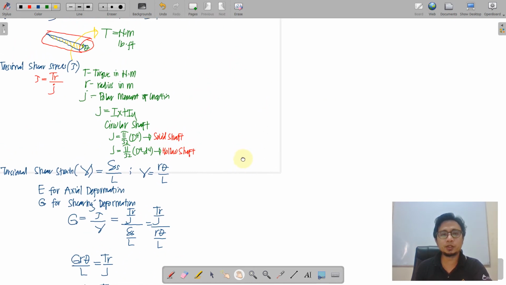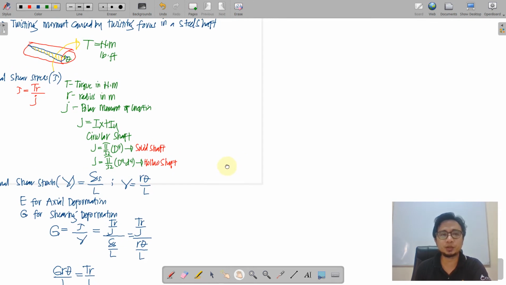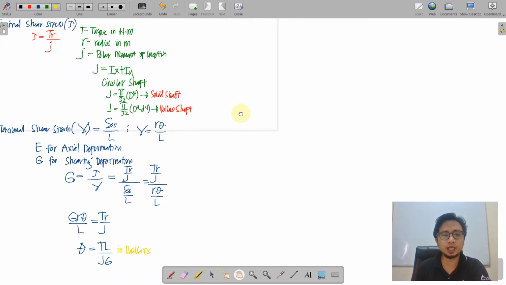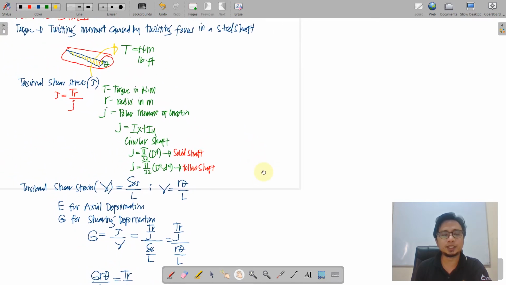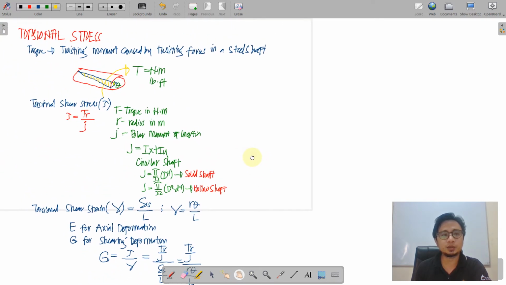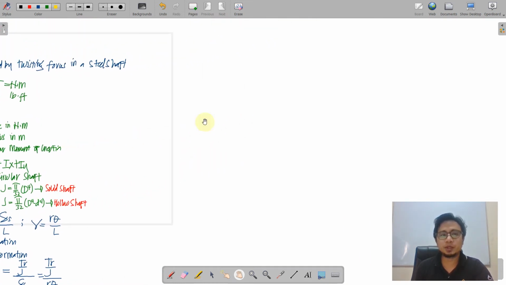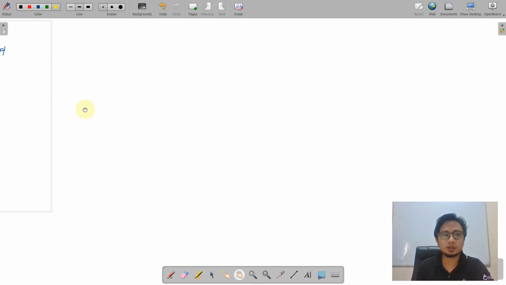So in order to come up with a simplified solution in torsion, of course we would like to have a technique. I'll just brief you with a simple example or exercise before we have a detailed solution for each problem.